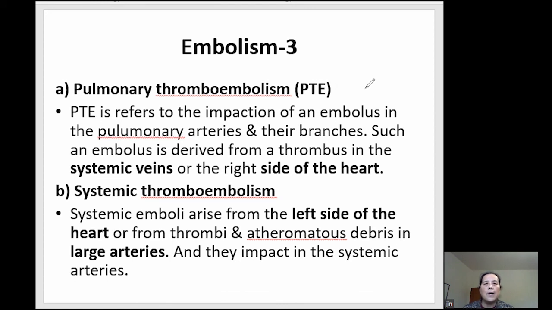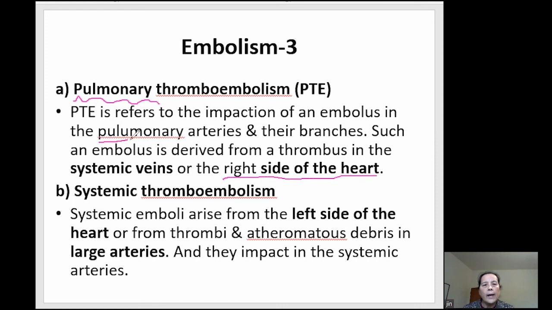Mainly it happens in two parts of the body. One part is the lung, just like I drew in the picture before. The clot falls down and follows the blood circulation. It goes to the right side of the heart first, then to the lung.